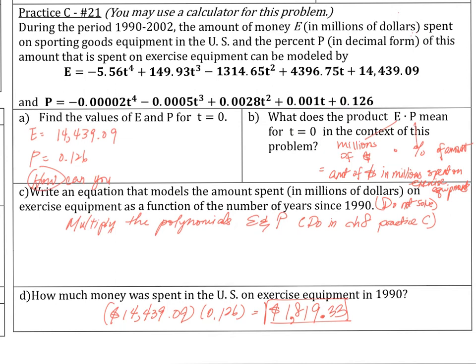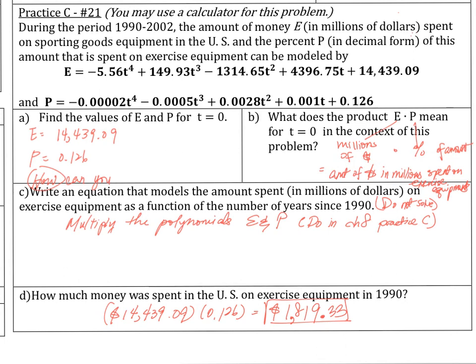Okay, let's look at one complicated problem right now. During the period 1990 to 2002, the amount of money E in millions of dollars spent on sporting goods equipment in the U.S. and the percent P of this amount that is spent on exercise equipment can be modeled by the following polynomials.